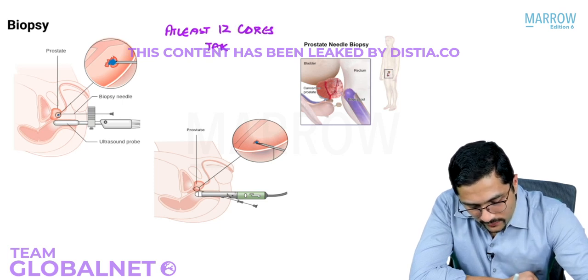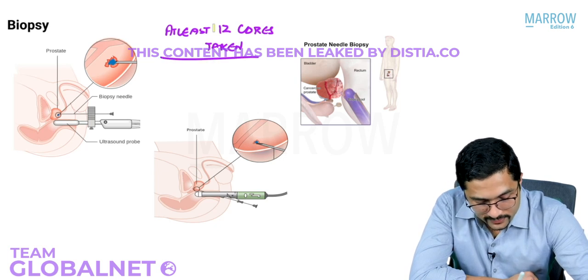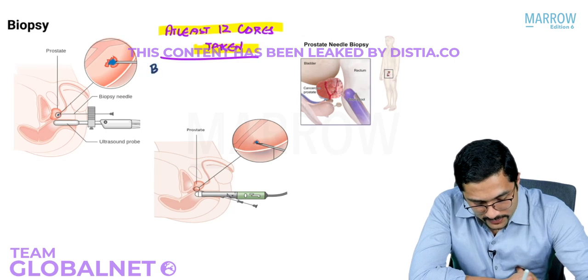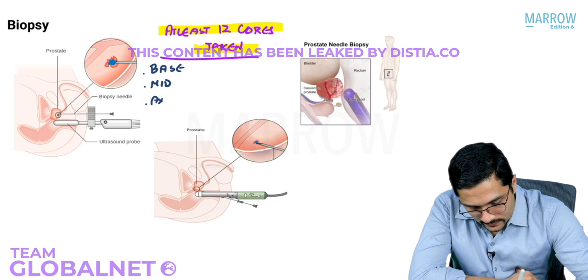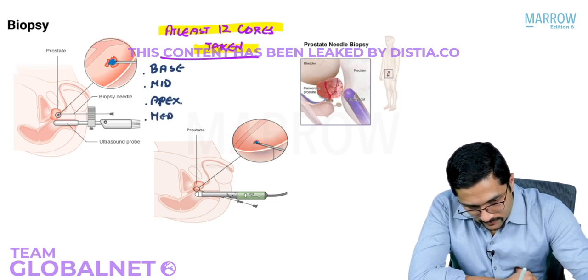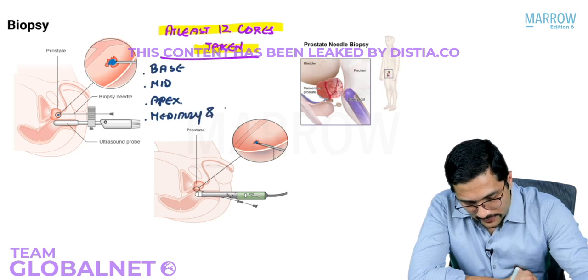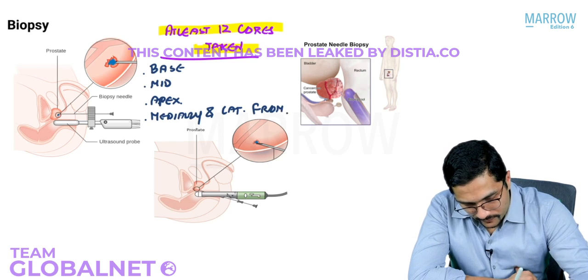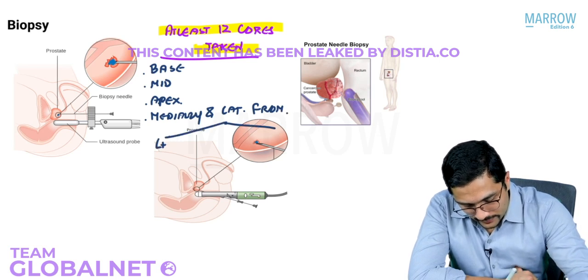At least 12 biopsies or 12 cores are taken. This question has been asked in various exams, and these cores need to be taken from the base, the mid part, the apex, medially and laterally, from the left and right side.